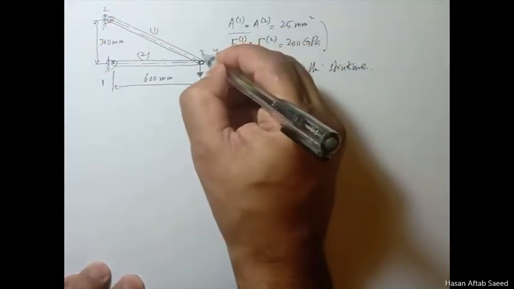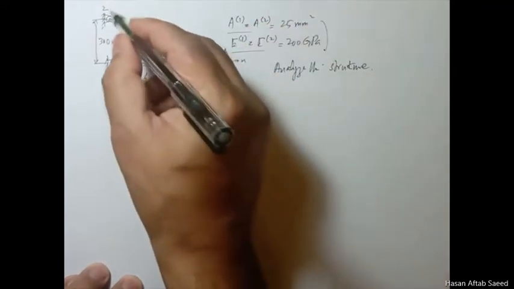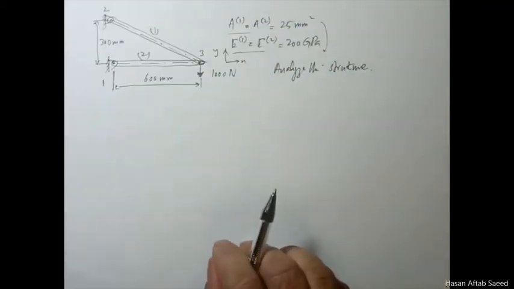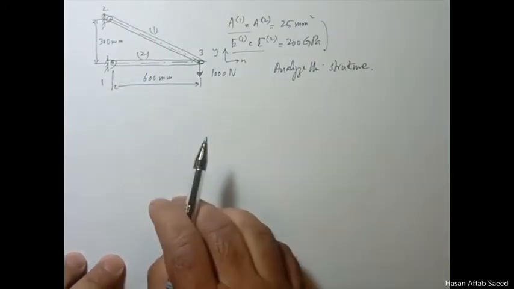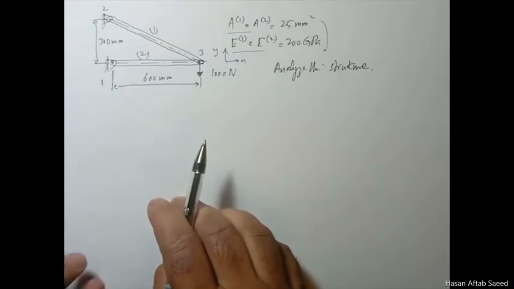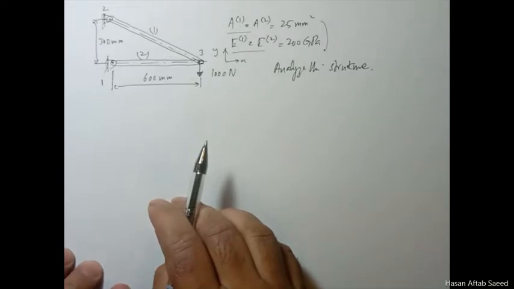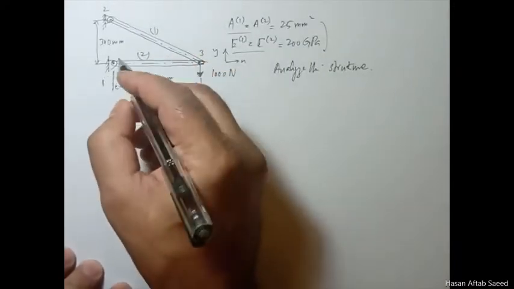So let's start with labeling the nodes. 1, 2, 3. Doesn't matter which node you number what, but once you do that, we must be consistent throughout. Now, if I have to make use of the simplified formulas for calculation of L and M, then I must first decide my origin.